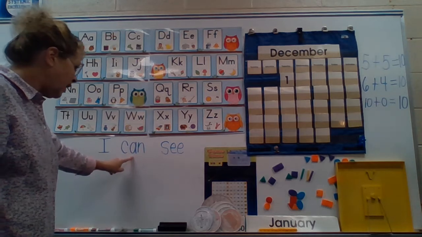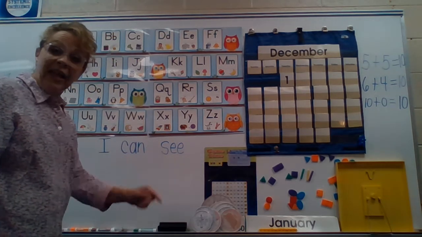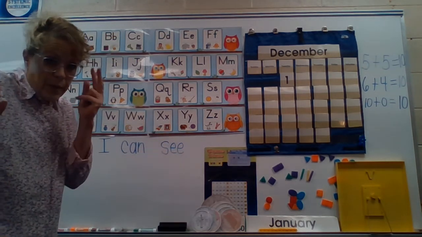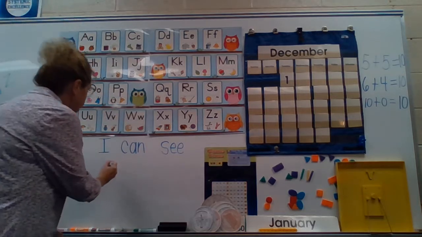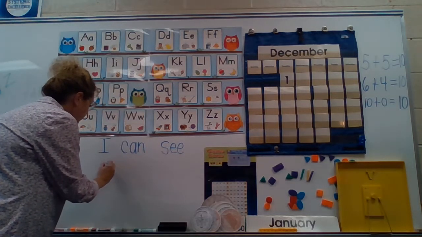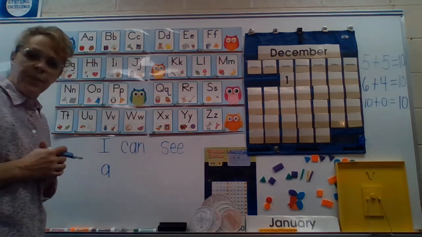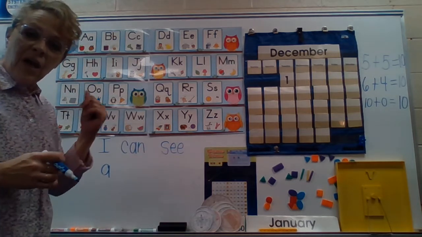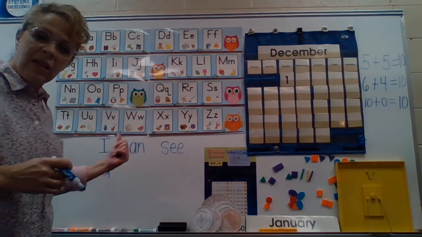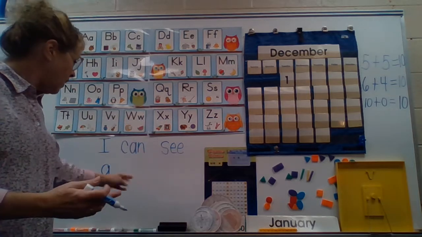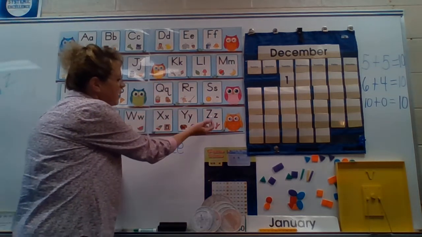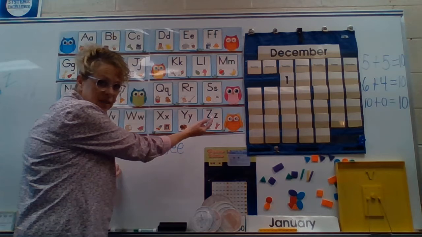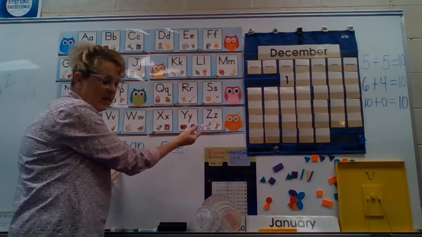I can see. Now the next word only takes 1 letter to spell. A. Right? I can see a, and then we're going to leave a nice space, and then we're going to make this letter because zebra starts with Z. All right?